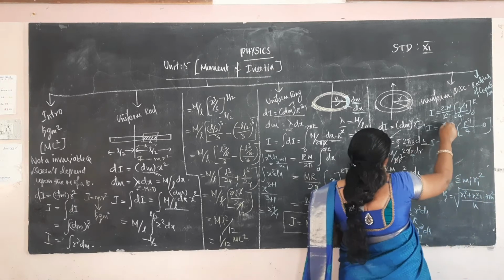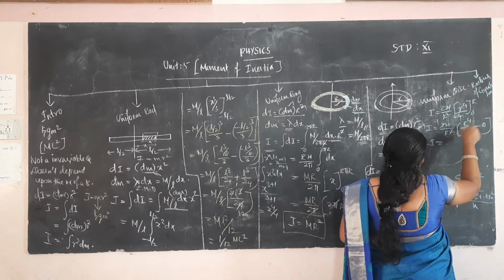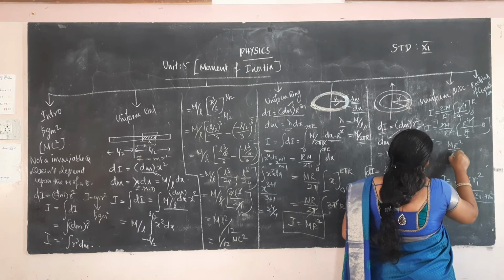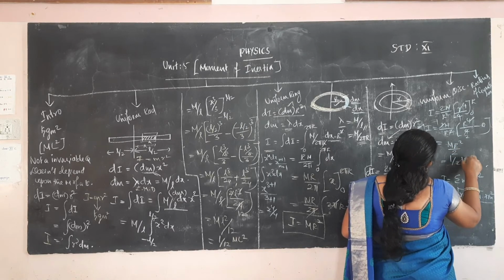So 2 and 2 cancel, R square cancels, and we get m R square by 2. So 1 by 2 m R square.